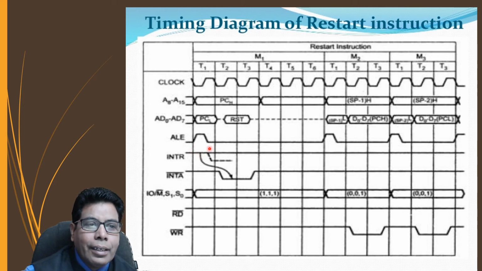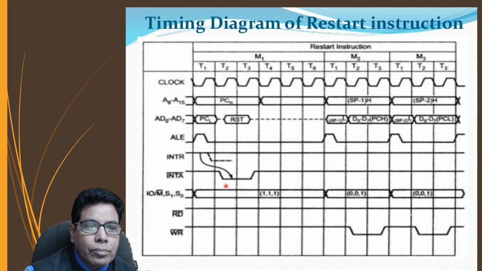Then this ALE signal is for fetching the address. This is address latch enable, and this is the INTR signal, it is high, and INTA bar, this signal is going low, it is active here.